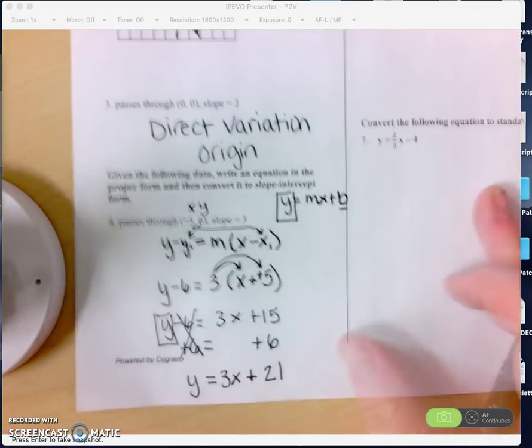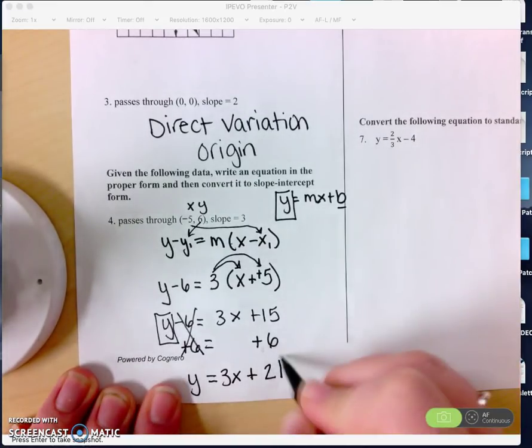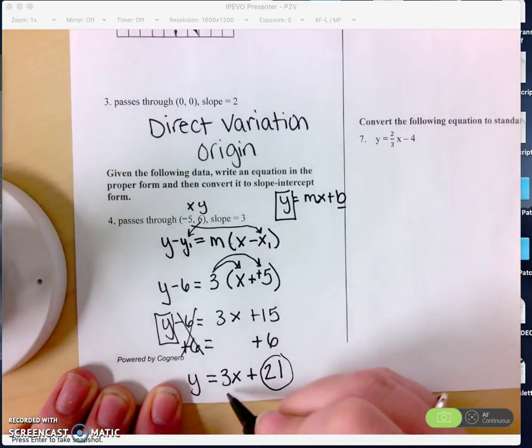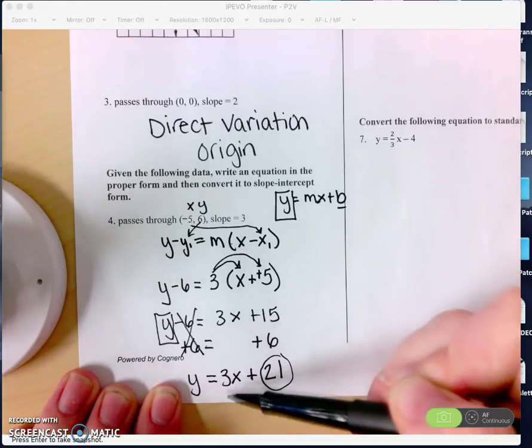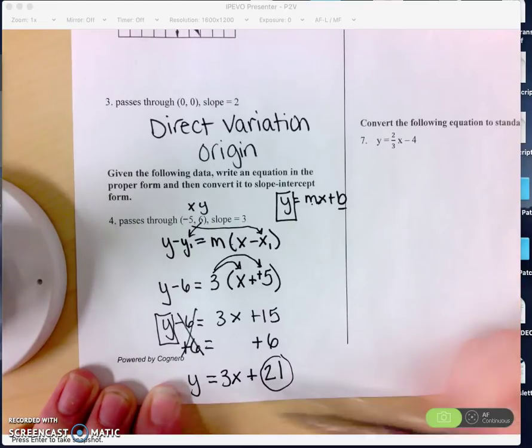So now this is in my y equals mx plus b form, where now 21 is my b and 3 is my slope. If I look up here, my slope is 3. That's correct, right? The 3 or the m is my slope.